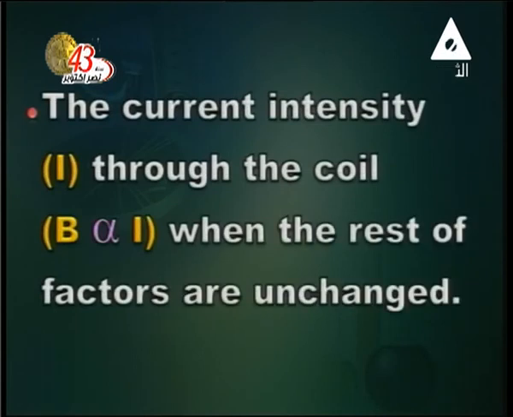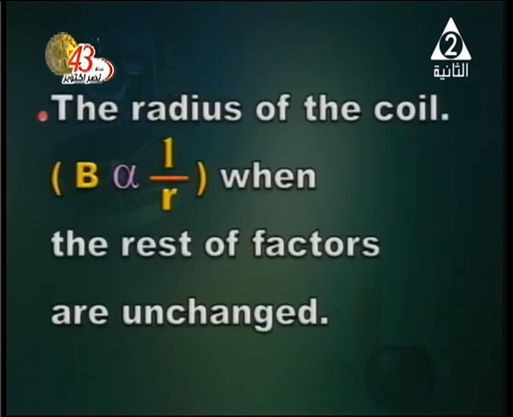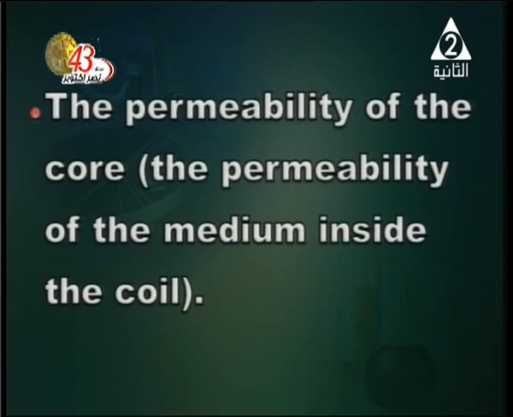Second factor is the current intensity. B is directly proportional to the current intensity, and it is inversely proportional to the radius of the coil. And permeability of the core, the medium inside the coil.